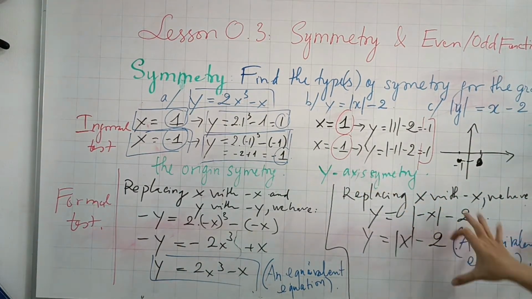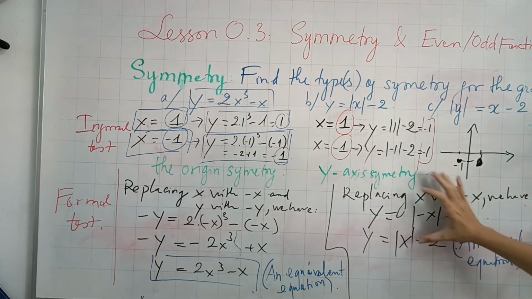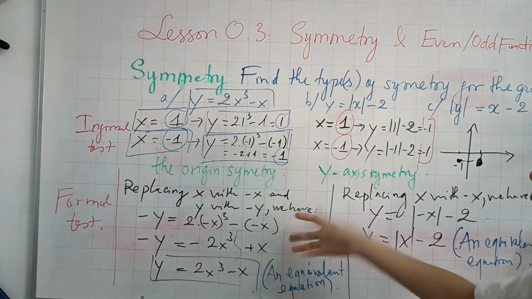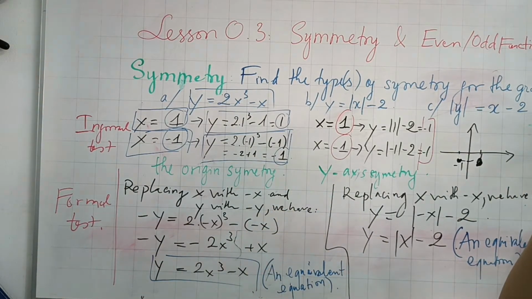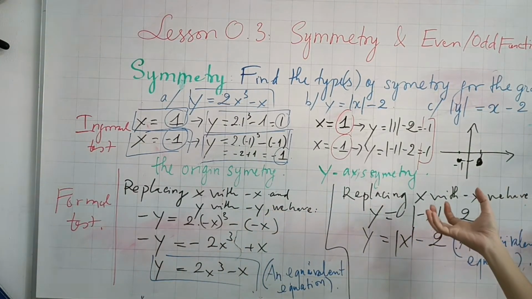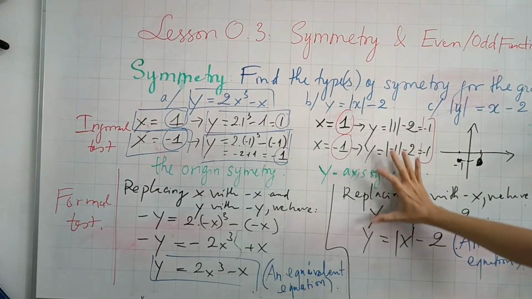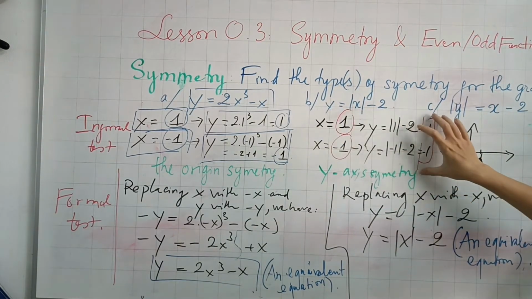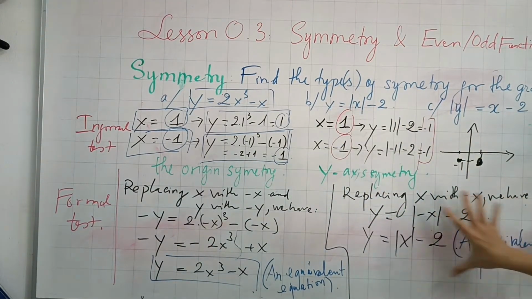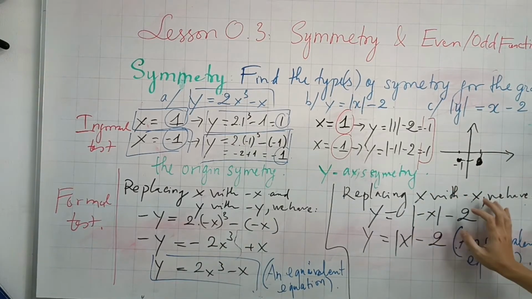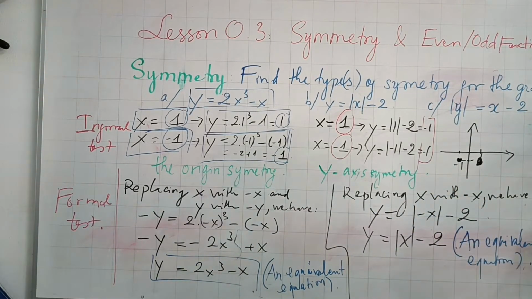So if you want to write down replacing x with -x or y with -y or both, you must find the type of symmetry first by using the informal test. You don't write it on your paper, but you write the variable replacement like x with -x and y with -y.